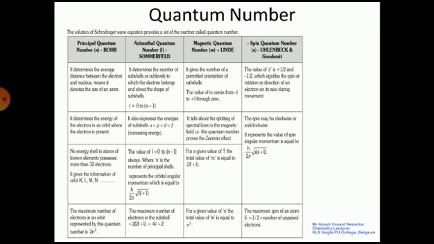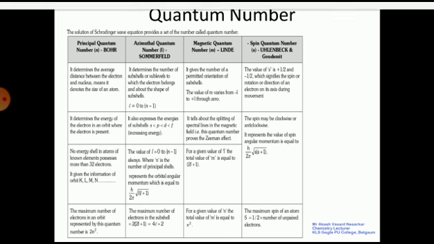These quantum numbers help us know the shape of the orbital, the energy of the orbital, and how many electrons are present in the orbital. We have four quantum numbers.